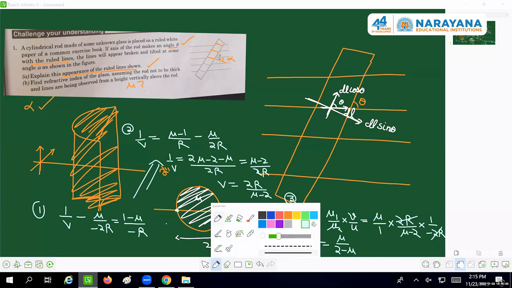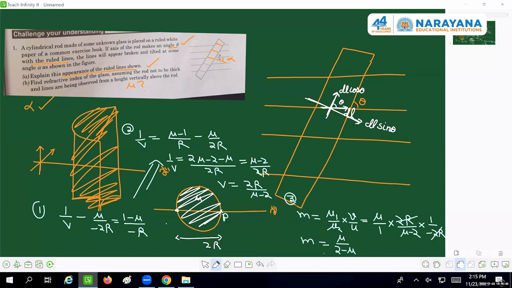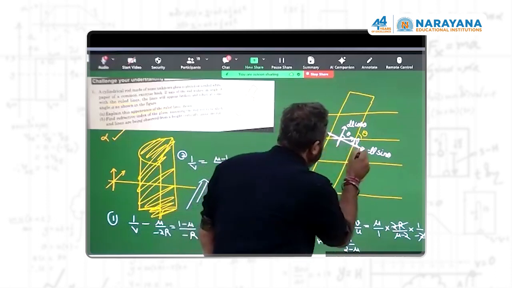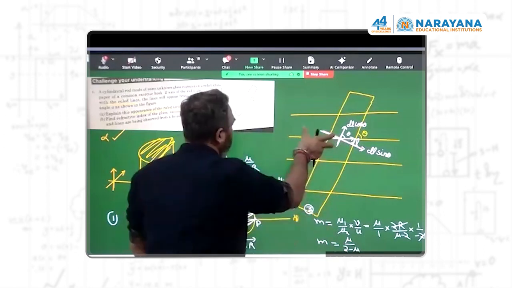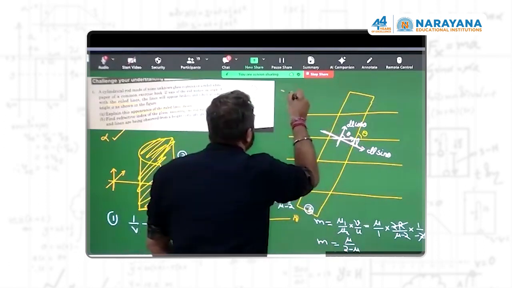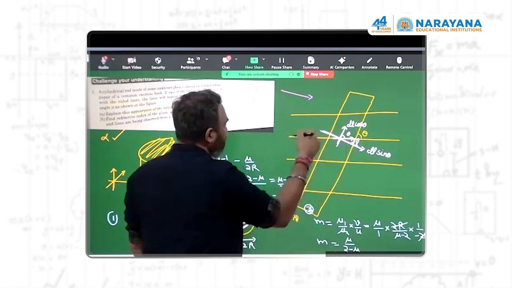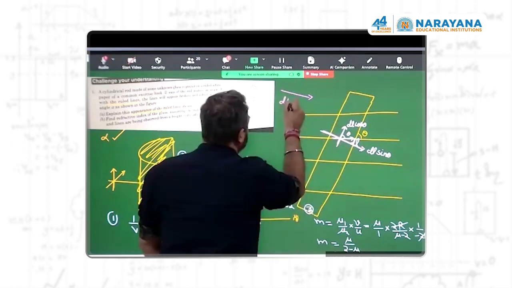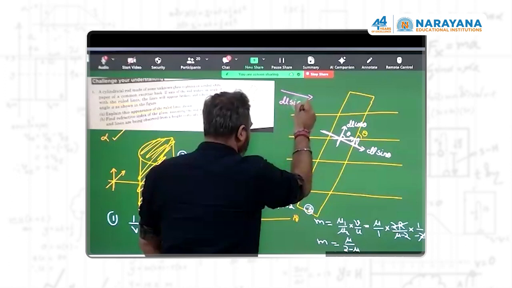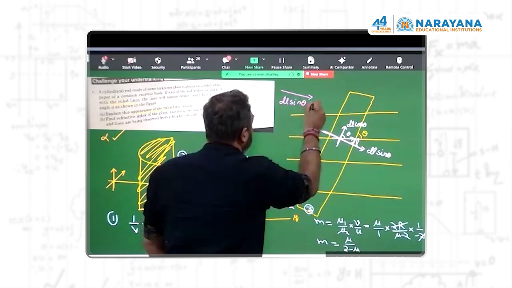That's why what we are going to say now is, for this transverse object having a length of dl sine theta, I will draw the image separately. Its image length will come out as the object length dl sine theta multiplied by m. M I will substitute afterwards.